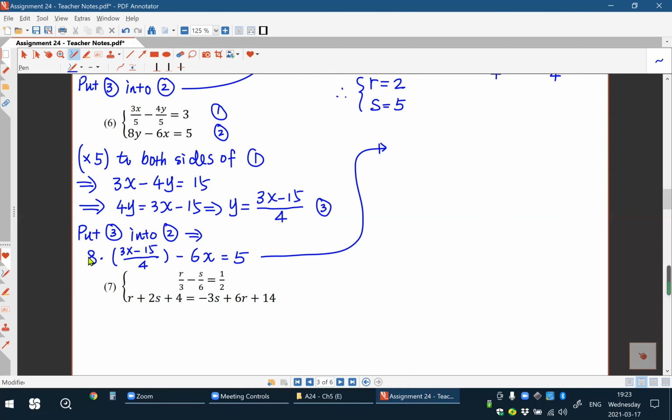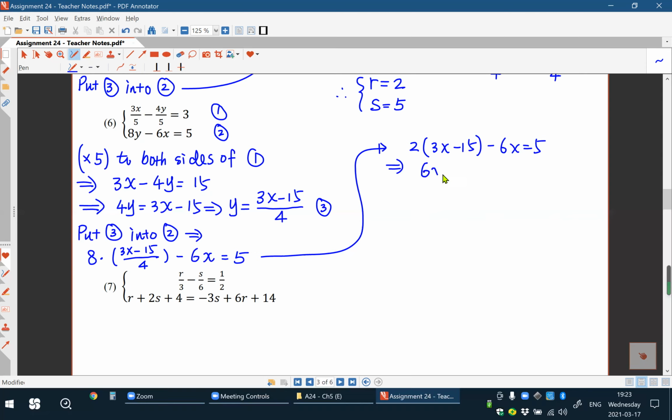By distributive law, 8 times something over 4, you can cancel a 4 here. This gives you a 2. Twice of (3x minus 15) minus 6x equals 5. Let's expand this.